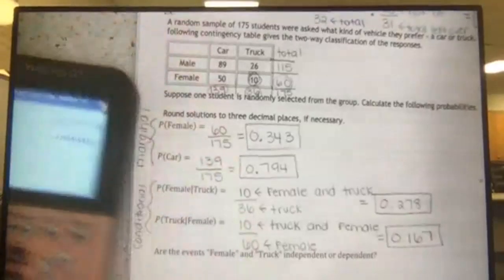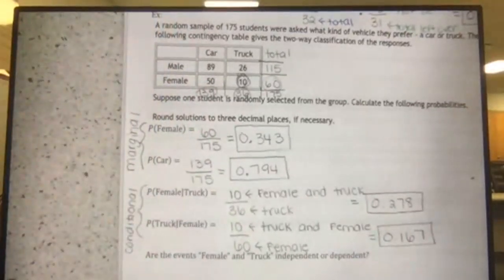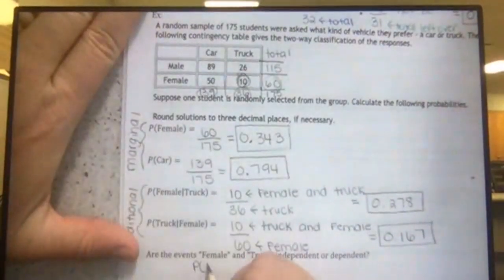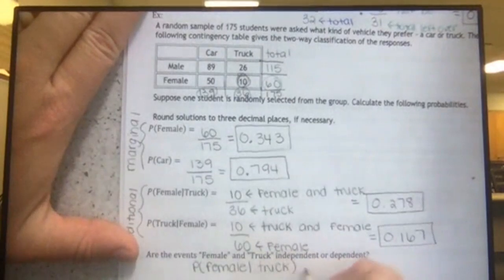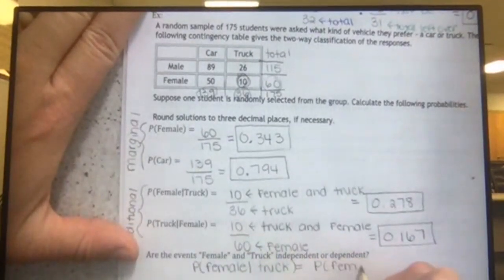All right, so the last example here says, are the events female and truck independent or dependent? Remember, we had that formula for independence. If it's independent, then the probability of female given truck is going to equal the same thing as just the probability of female.